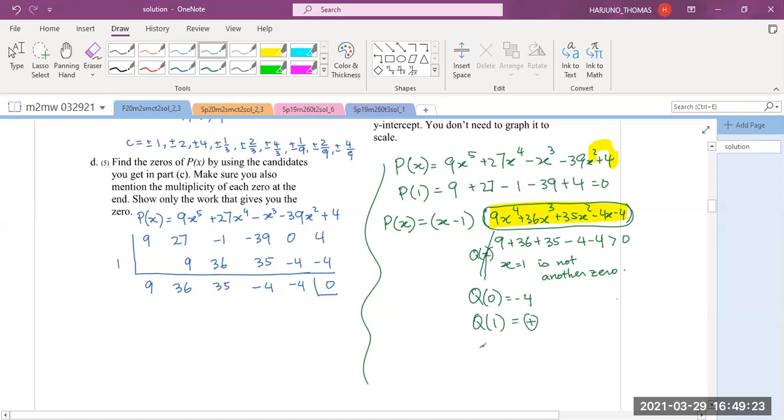So by the intermediate value theorem, there is a 0 between x equals 0 and x equals 1. Imagine the polynomial Q(x): Q(0) is negative 4, but Q(1) is positive. So there must be an x-intercept in between.